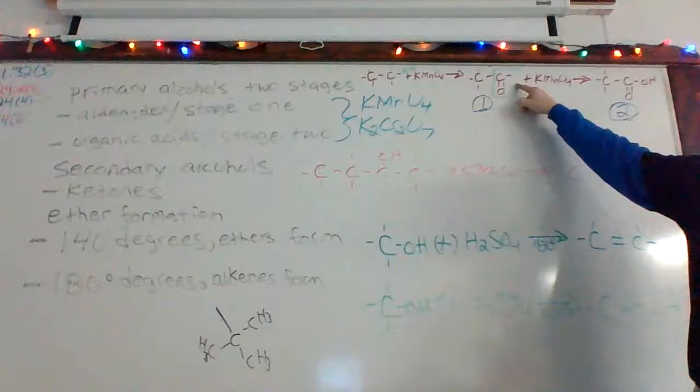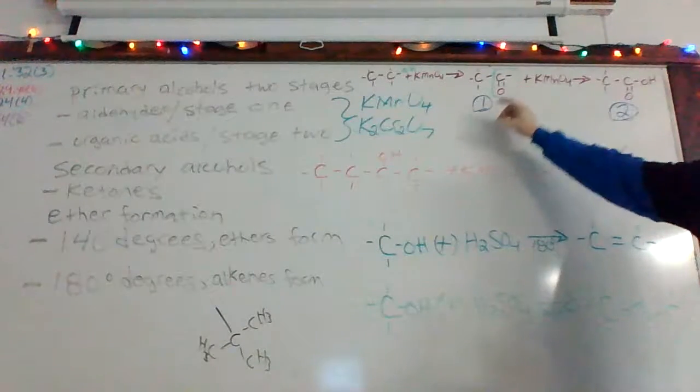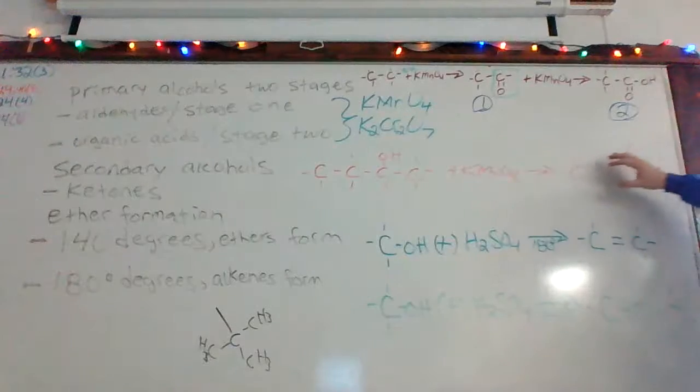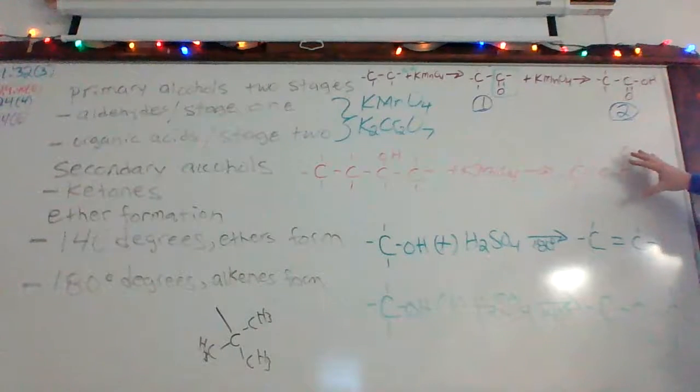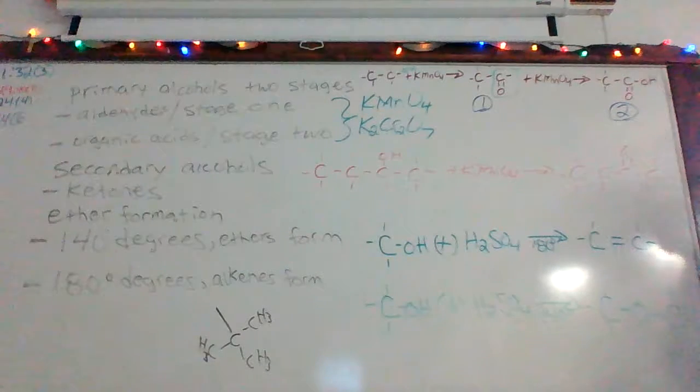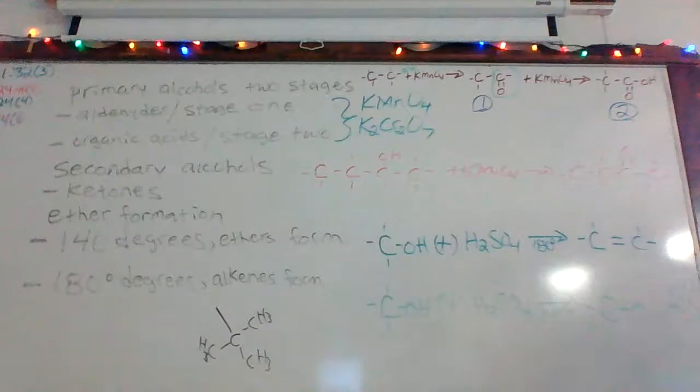The first is probably a better way of looking at that. So when this secondary alcohol gets oxidized, it forms a ketone. So now, why can't this form an acid? Acids have to be on which carbon? It has to be on the first. It can't be anywhere other than the first.